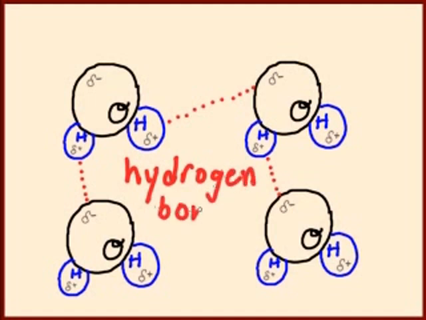So we call them hydrogen bonds. And so as you can see, this is a polar bond here, a partial positive hydrogen, a partial negative oxygen. When the partial positive region of one molecule interacts with the partial negative region of another molecule, or the same molecule, we call that type of interaction, or that type of bond, a hydrogen bond. And that is the last type of bond that we will explore.